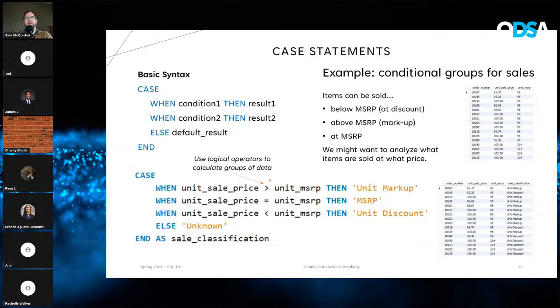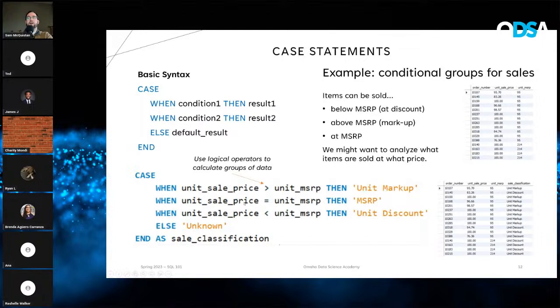So let's say when I was going through these different operators, I was saying less than or equal to, or greater than or equal to. But we also have an equal to case. So if we had a greater than or equal to and a less than or equal to, and we had a value that was equal. In this case, the unit sale price is greater than, or the unit sale price is equal, or the unit sale price is less than.